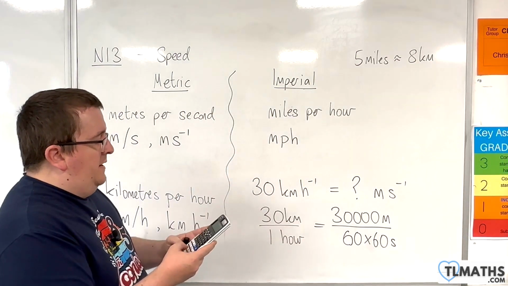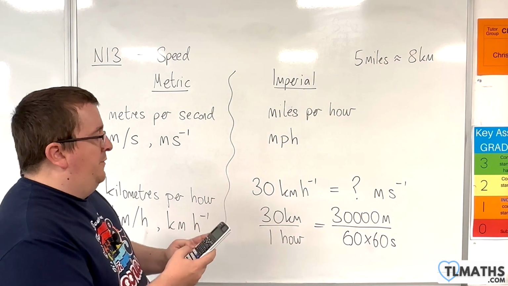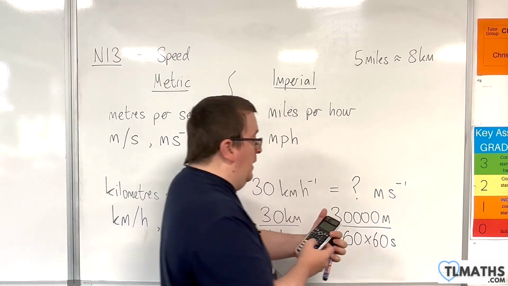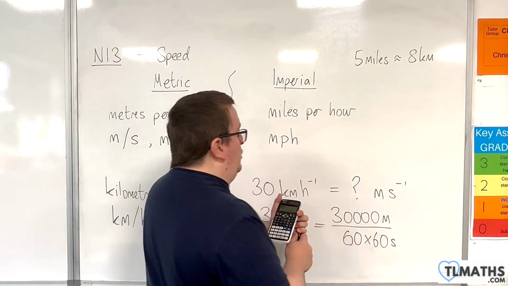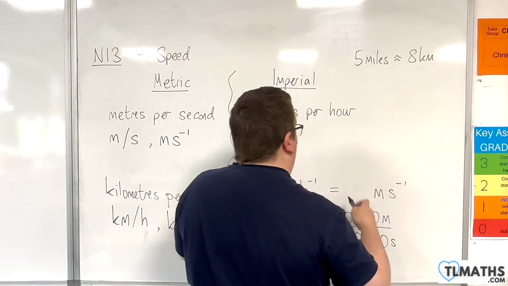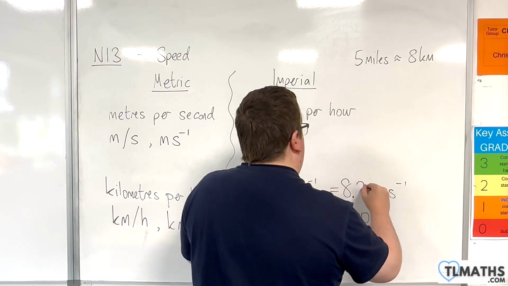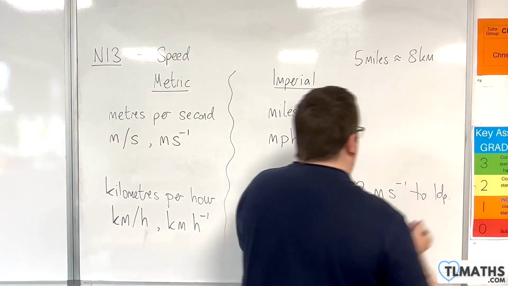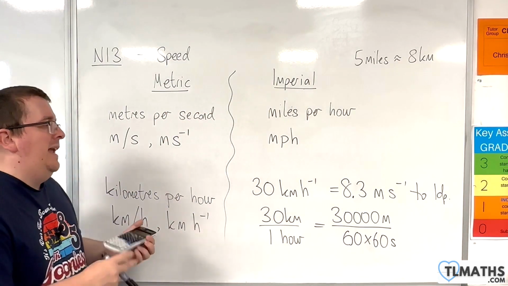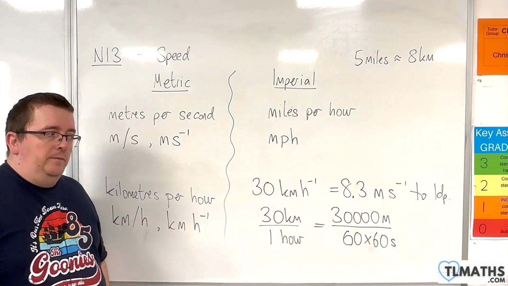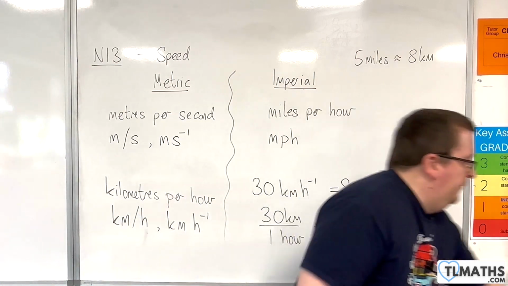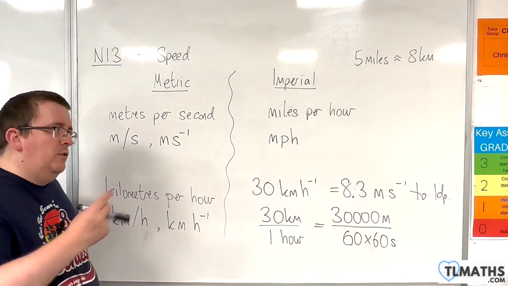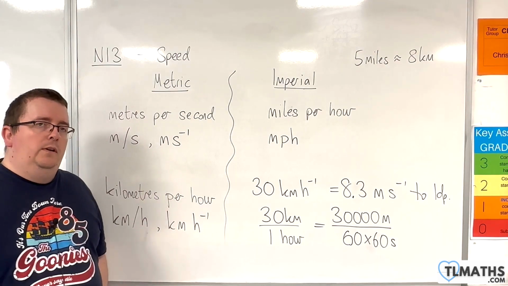So I would do 30,000 divided by 60 times 60. And that's 25 over 3, which is 8.3 meters per second to 1 decimal place. Okay? So 8.3 meters per second. So this type of conversion you need to be able to perform, and I'll go through another example of that in the next video.